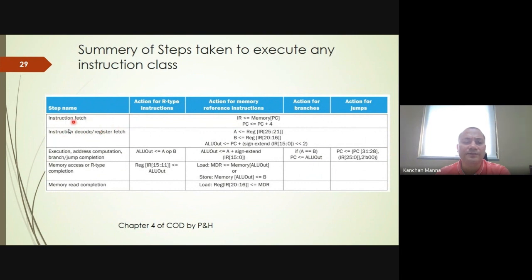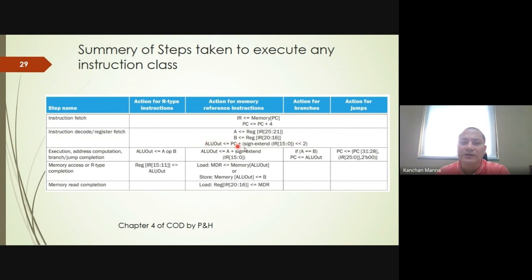You can see here we have 5 stages. In the instruction fetch phase, we are loading the instruction from memory to the IR register, and then incrementing the PC by 4. Next we are reading the values, and we are also calculating the branch address.